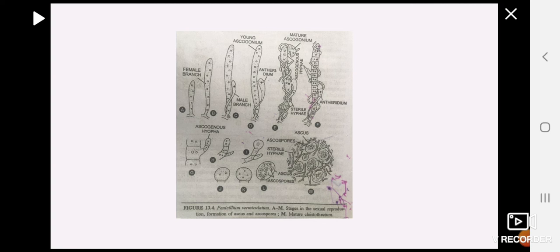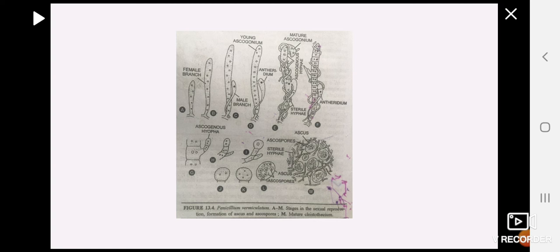This fusion of protoplasm of the ascogonium and antheridium is called plasmogamy. So you see here in Penicillium, the male nucleus remains in the antheridium, and later on it might degenerate, but in this case the antheridial protoplasm stimulates the ascogonium to develop further.